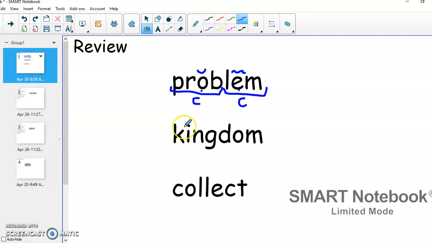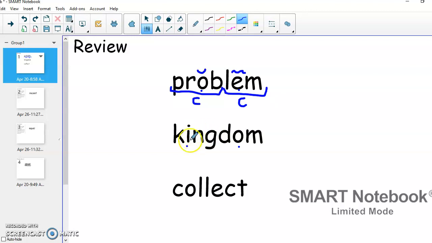Alright, let's look at the next word. Kingdom. My vowels are I and O. So this time we have 3 consonants between our vowels. So remember, we can divide before or after the first or second consonant, and we want to keep letters that usually go together.